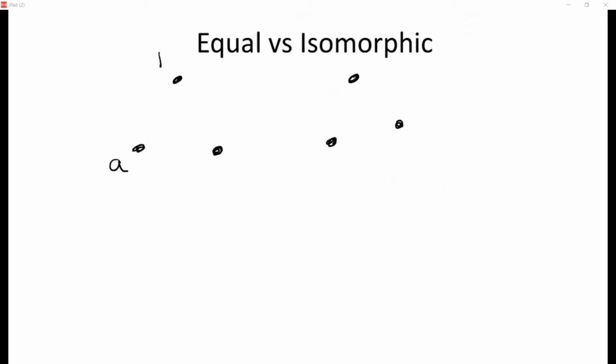So for example, these two graphs are the same exact graph. They have the same labels, they have the same connections. Everything is exactly the same.